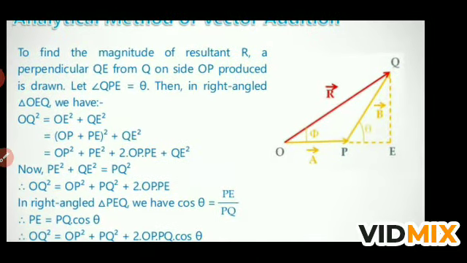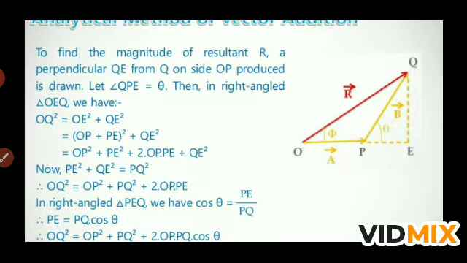To find the magnitude of the resultant R, we draw a perpendicular QE from Q to side OP, with OP produced forward to E. So QE is a perpendicular, and angle QPE is theta in the right angle triangle.